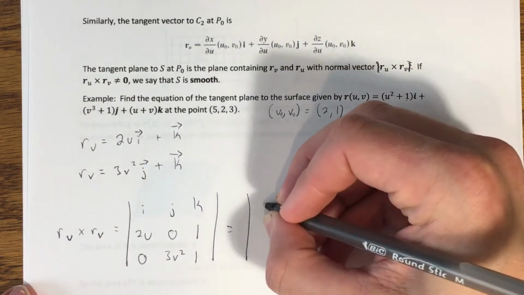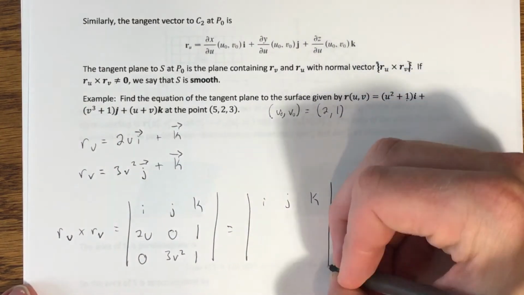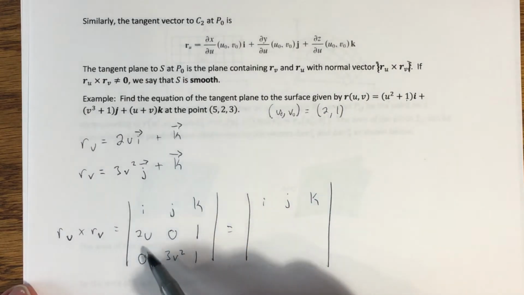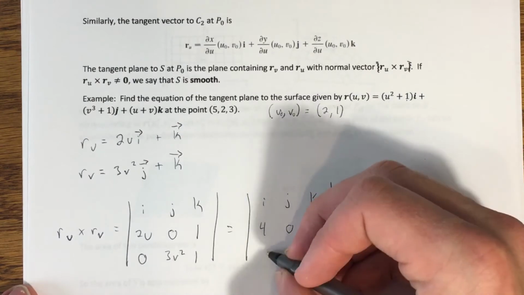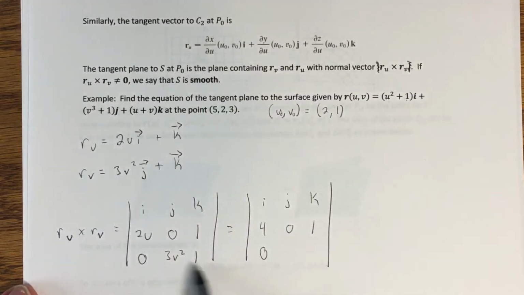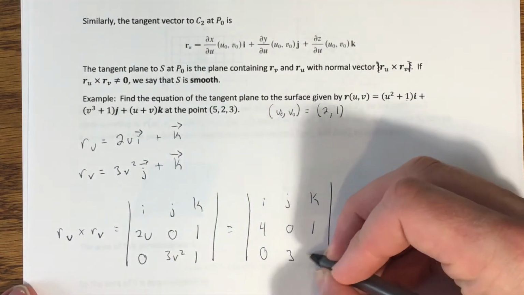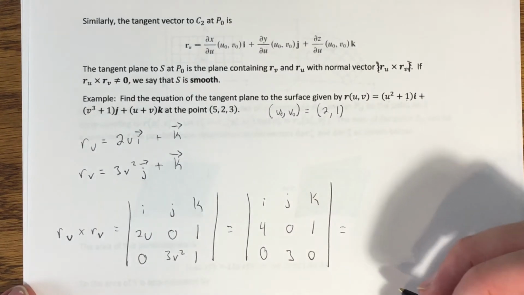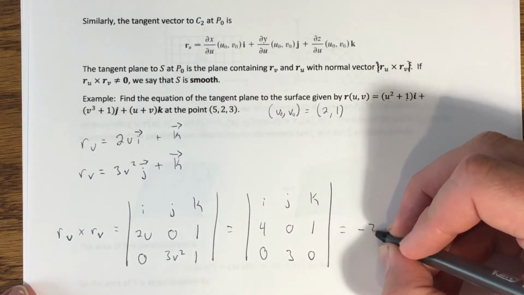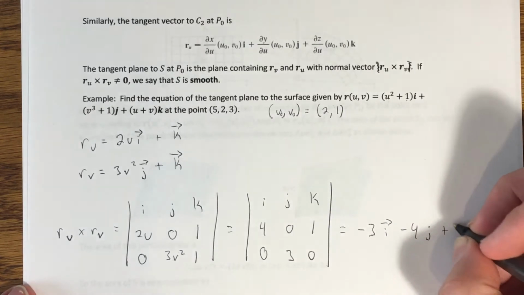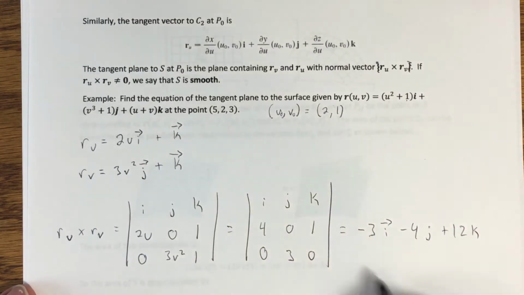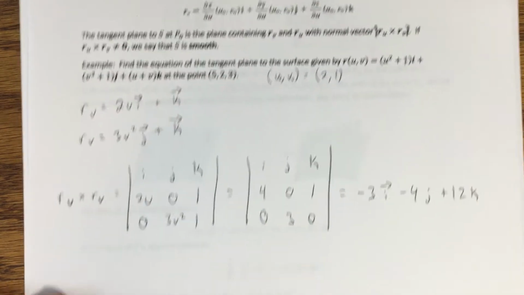That's going to give me the determinant: 2 times u, that'd be 2 times 2, that's 4, 0, 1. 0, v is equal to 1, so 3v squared would be 3. And evaluating this determinant gives me negative 3i minus 4j plus 12k. That's the normal vector for my tangent plane.